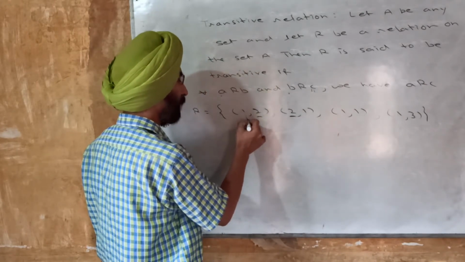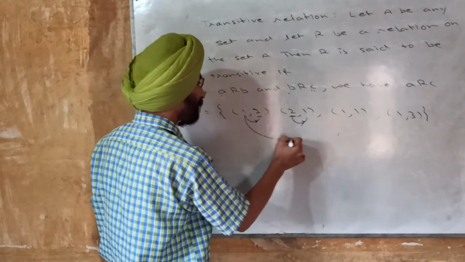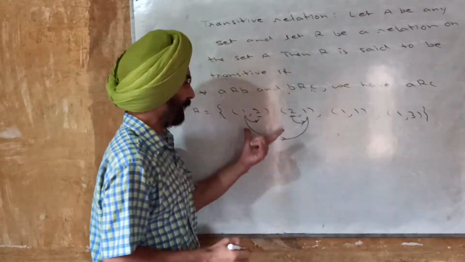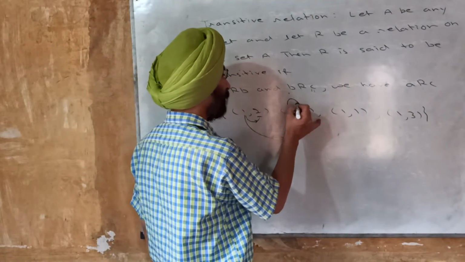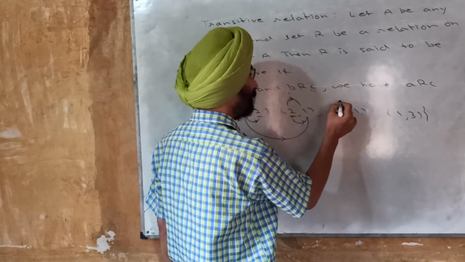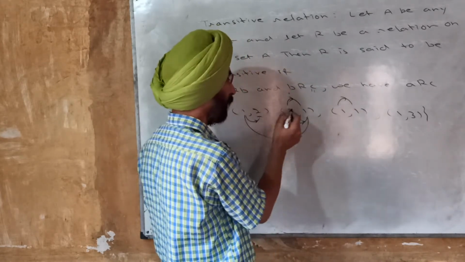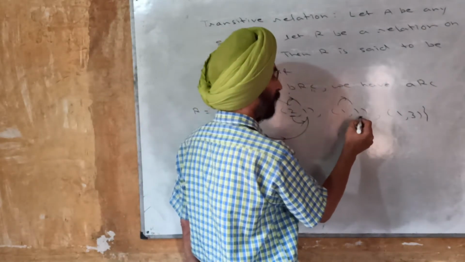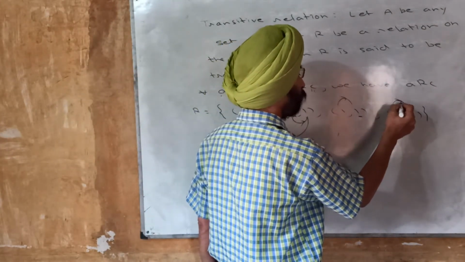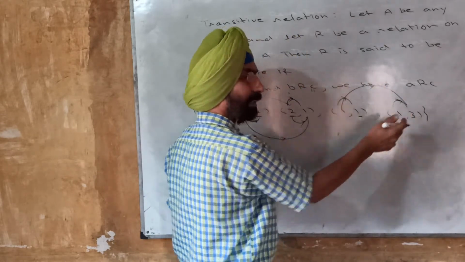That means 1 is related to 2, 2 is related to 1 and 1 must also be related to 1, and that is here. It's true. This 2 is related to 1 and the same 1 is related to 1. So 2 must also be related to 1, and that is here. This 1 is related to 1 and this 1 is related to 3. So 1 must also be related to 3, and that is here.